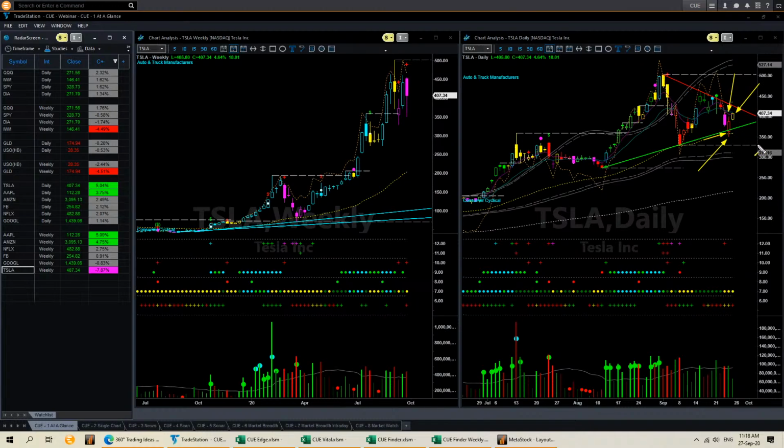Once again, you could initiate a trade using daily memory support. You could also sometimes use weekly memory support if that is there. In either case, if there is a daily or weekly memory support, you could go to the fine-tune chart and initiate an extremely low risk trade. That was true for QQQ. That was true for Tesla as well.